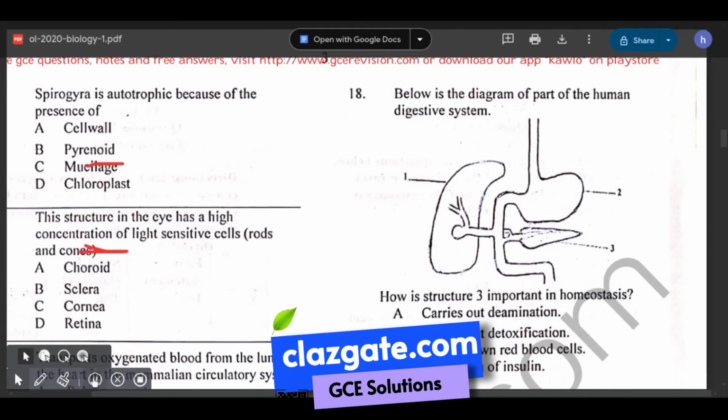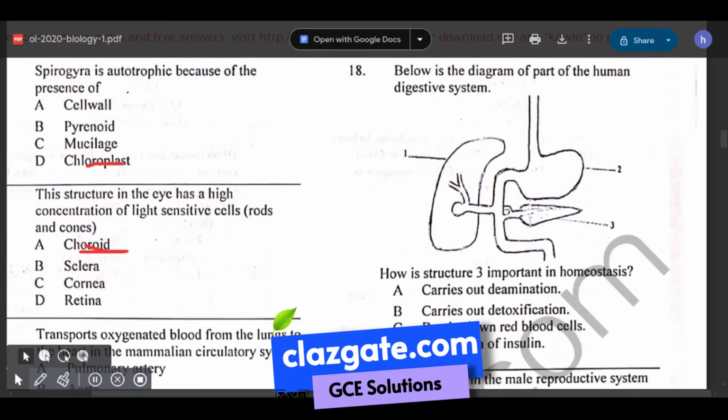When it comes to the digestive system, structure 3 is the pancreas. And what does the pancreas do? The pancreas produces digestive enzymes that break down carbohydrates, proteins, and fats in the small intestine. These enzymes help to ensure proper absorption of nutrients into the bloodstream.